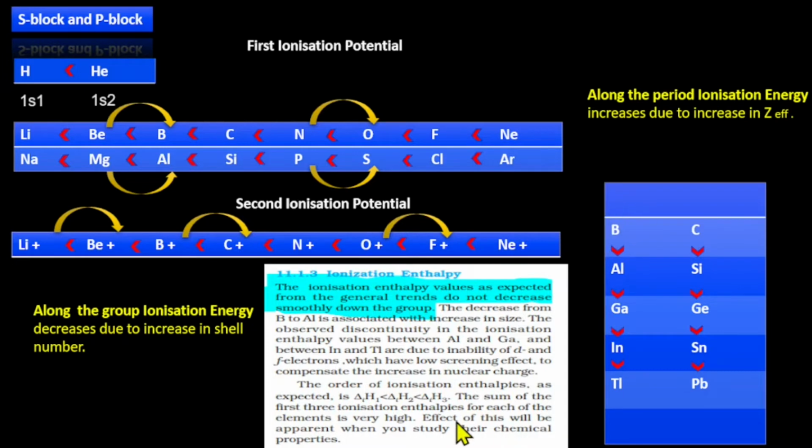NCERT is saying, see, this is periodic properties, which is a different chapter, and what I have picked here is from some other chapters like P block, S block, D block. But why have I picked it? Because it is the demand of the JEE Mains or JEE Advanced paper. If you have to do well, you have to study in this way, because questions are framed every year.